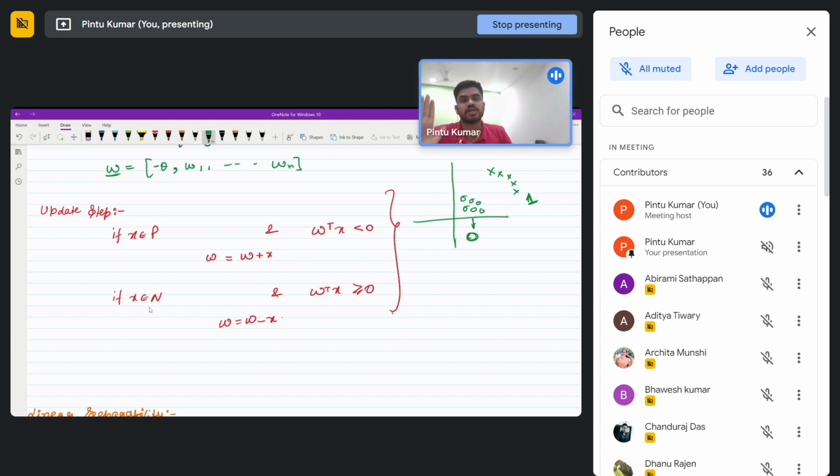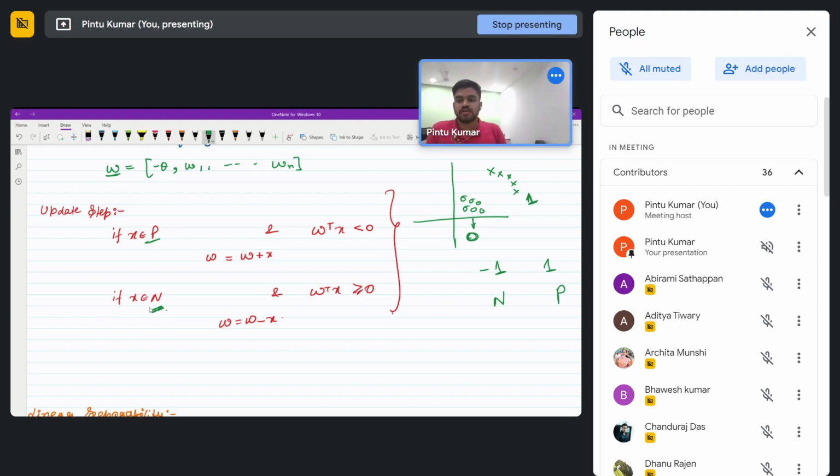Another very common notation is that crosses belong to class 1 and circles belong to class -1. Or we can say this belongs to class positive and this belongs to class negative. Class positive means it is one type of data point, and class negative means it is another type of data point.